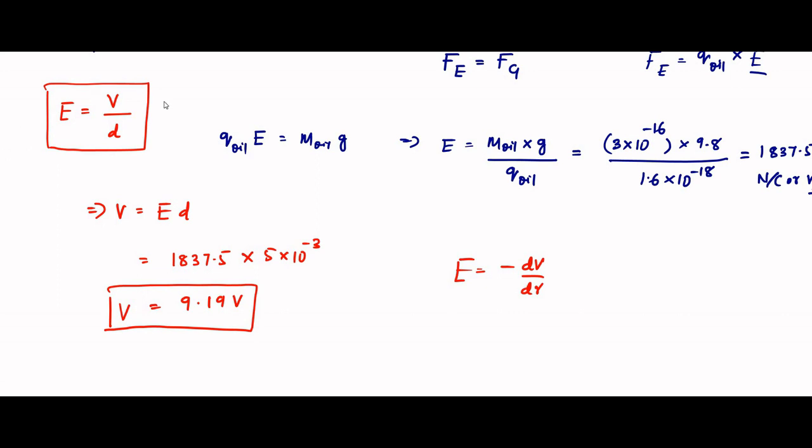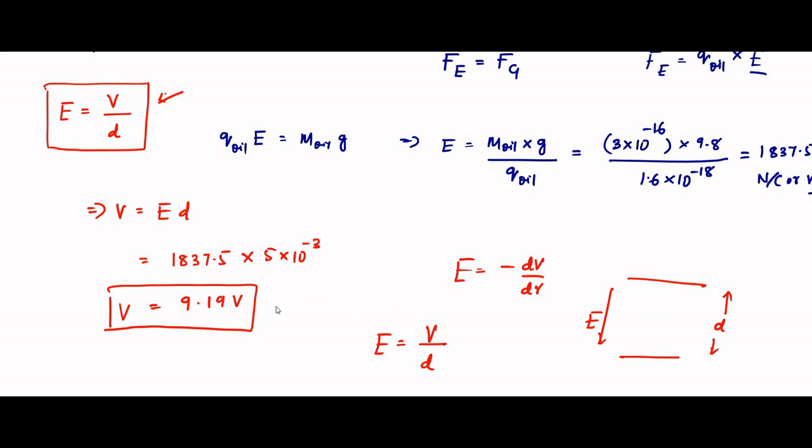For the total, from the initial to the final point between two points, it is V by d, or V by r, whatever we write. The electric potential divided by the separation gap between two points, if the electric field is E and the separation gap is d or r, is the relationship between electric field, electric potential and the separation distance.